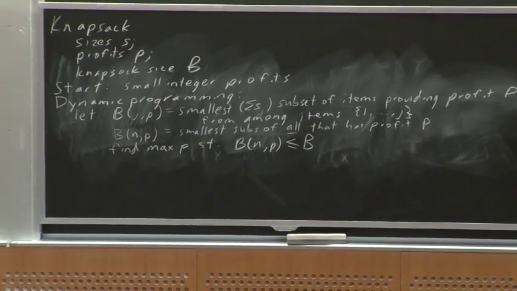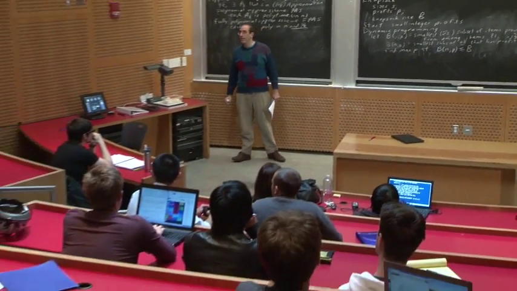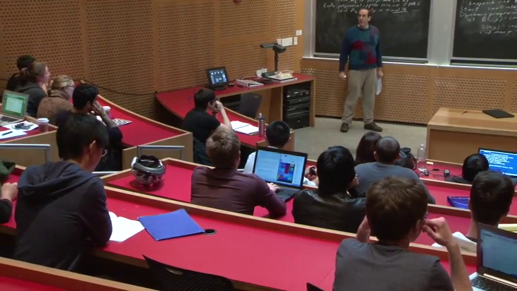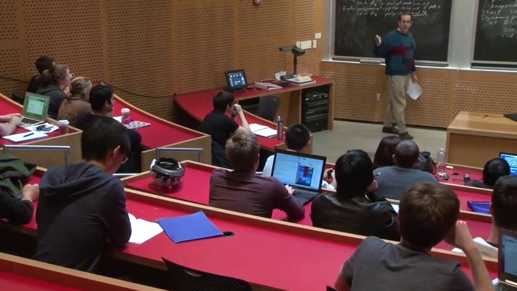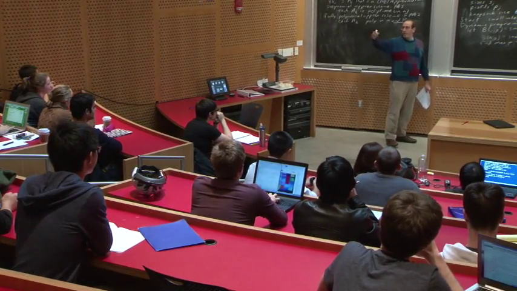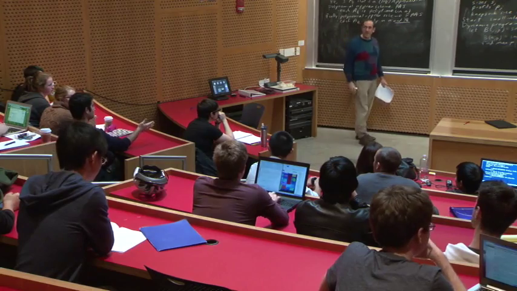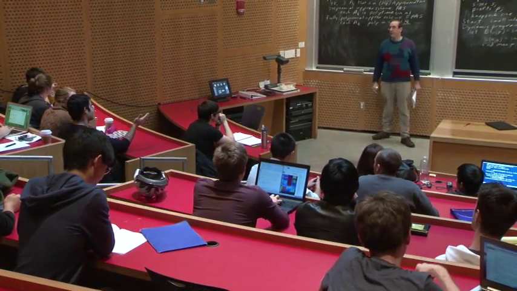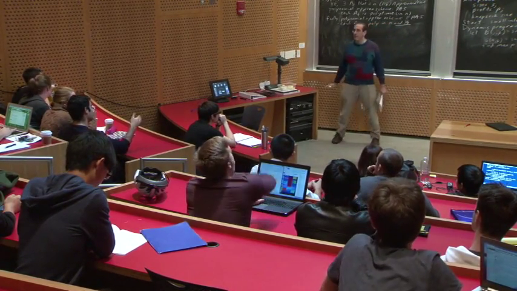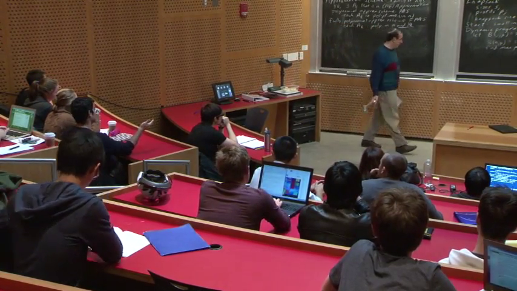So B(j+1,P) is the minimum of B(j,P) and B(j,P minus P_j+1) plus S_j+1. Good. So was that completely clear to everybody, or should we translate that into English? So it's either the minimum subset using items up to j, or it's the minimum subset for profit P minus P_j+1, plus the size of item j+1.